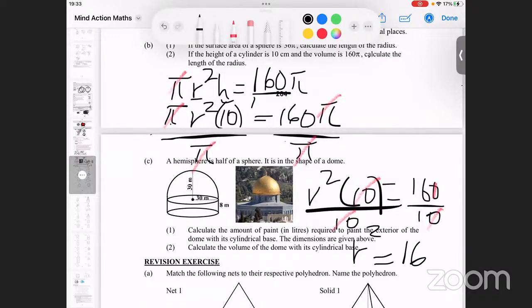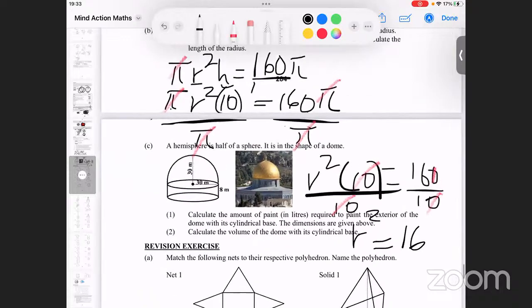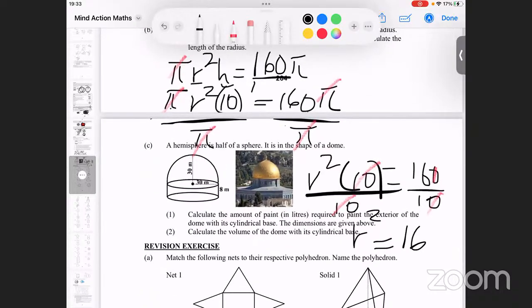And what do we do? We add a square root. I couldn't hear you. What did you say? We add a square root, and we introduce the square root.